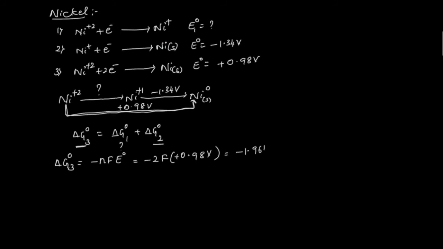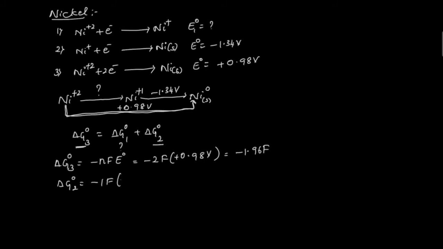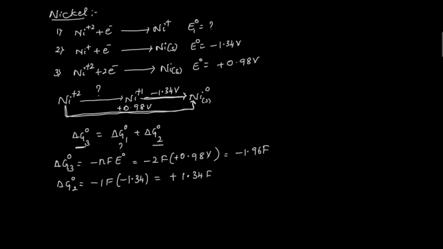After simplification, you will get minus 1.96 F. And delta G naught of 2: how many electrons are involved in the +1 to 0? Only one electron, minus 1 into F into E naught value of minus 1.34 volt, which is equal to plus 1.34 F. Now we need to calculate the delta G naught value for the first step.